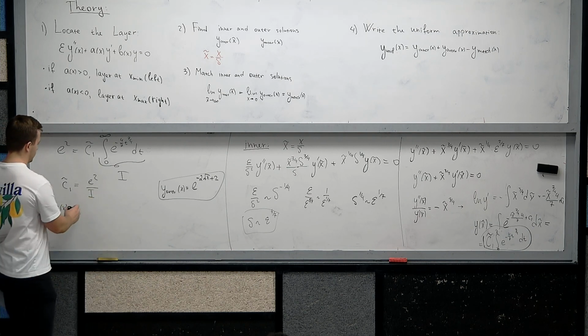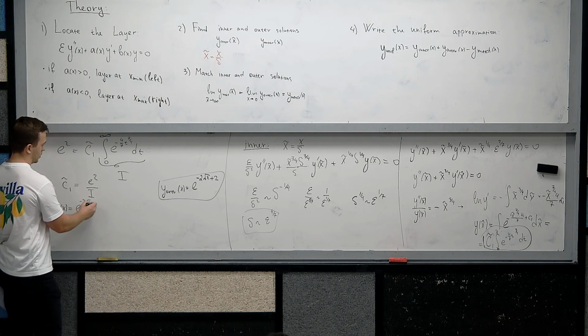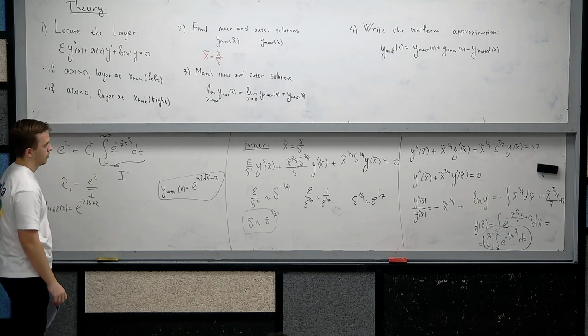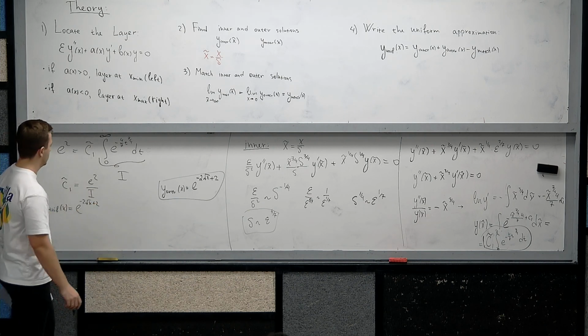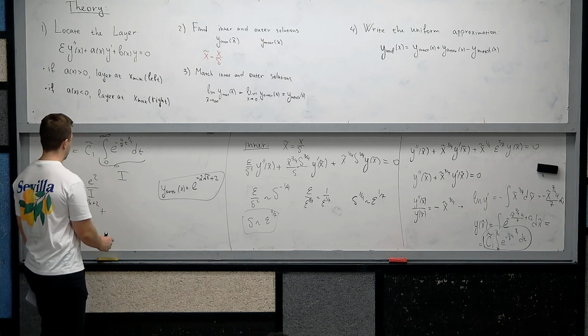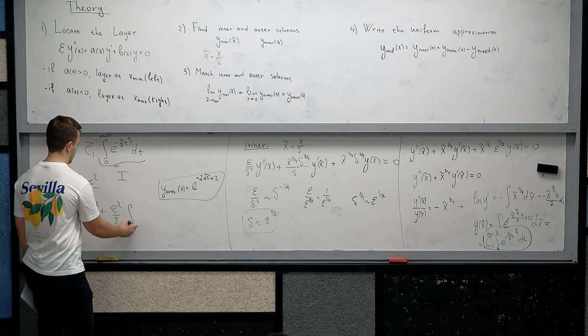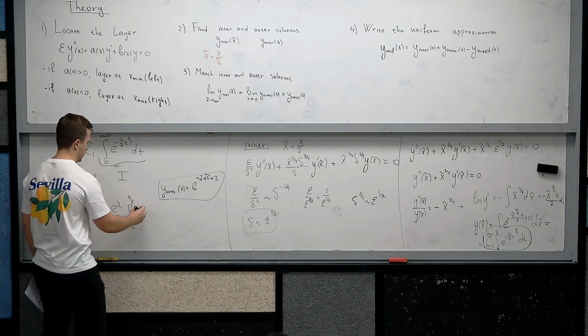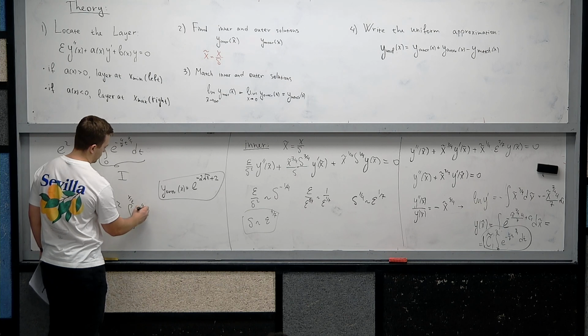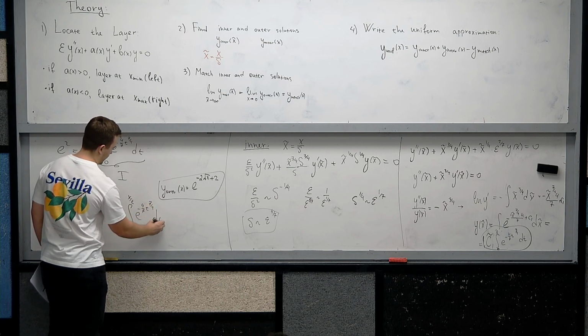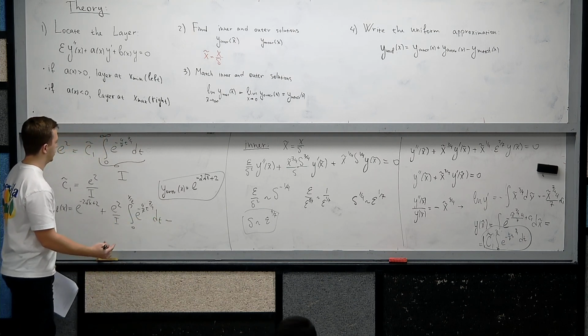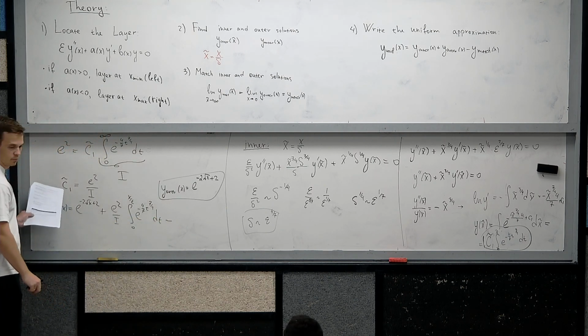this outer solution, e to the minus 2 square root of x plus 2, plus inner solution, minus matching solution, which is C1.